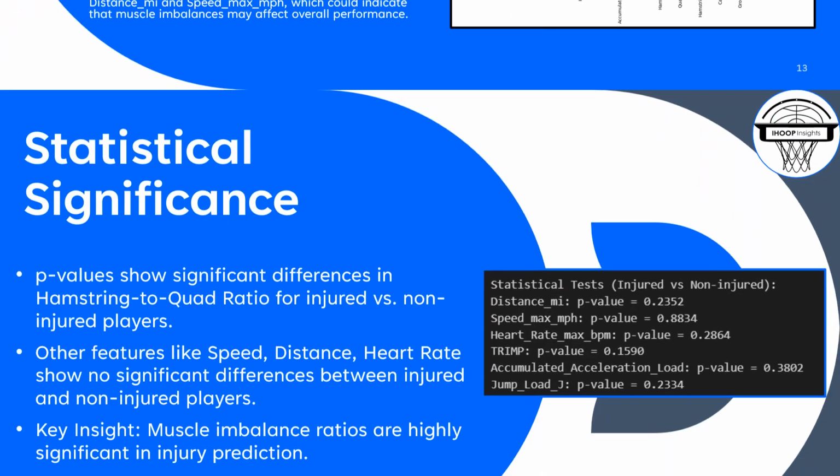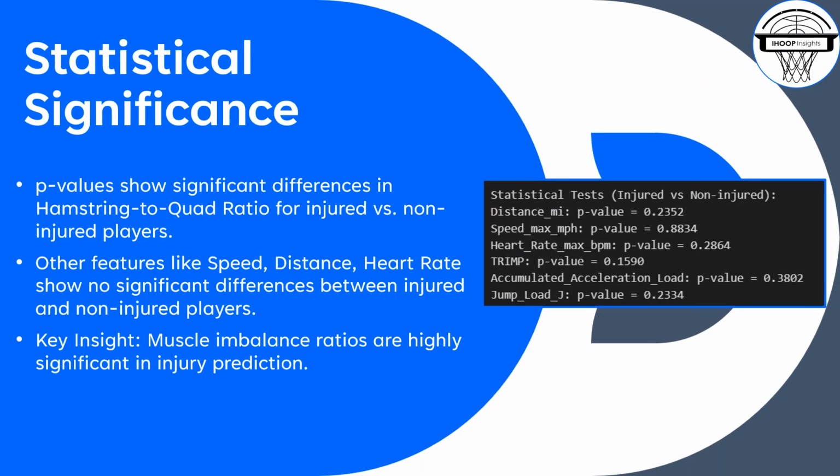Going on to the next slide, we did statistical significance testing using a t-test to compare key metrics between injured and non-injured players. Again, we took a few of the features, and we split the data into two groups, one for players with injuries and another for players without injuries.